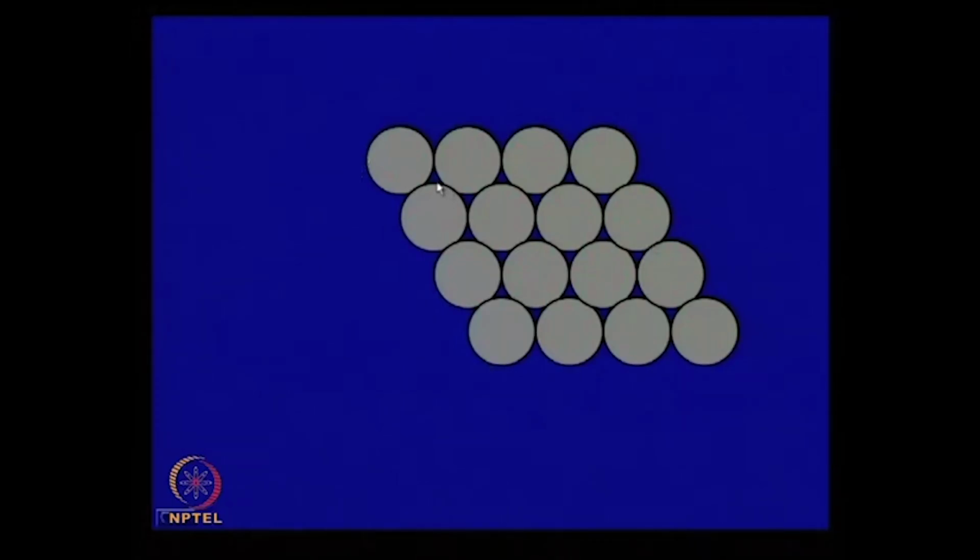Now, they can occupy only these valleys. Now, if you put an atom here of the same size, it actually blocks part of this site. So, either the next layer can occupy this or that, which is shown here.